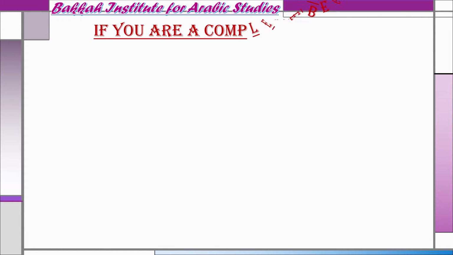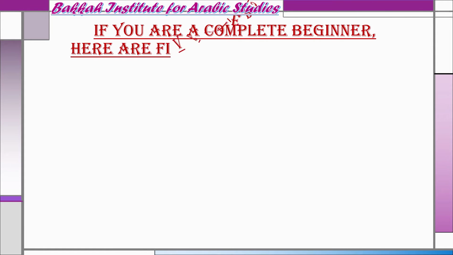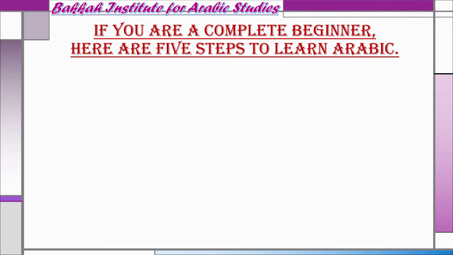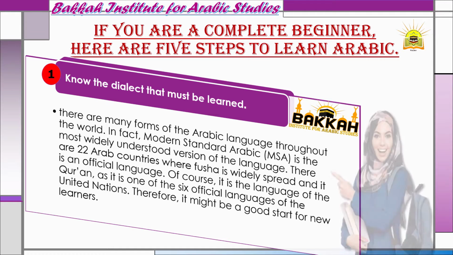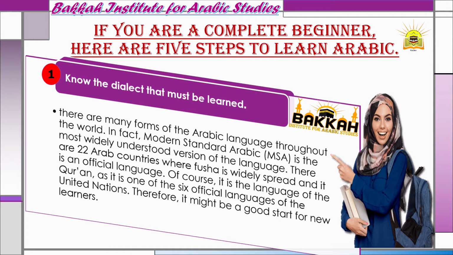If you are a complete beginner, here are 5 steps to learn Arabic. First step: know the dialect that must be learned. There are many forms of the Arabic language throughout the world. In fact, Modern Standard Arabic is the most widely understood version of the language.